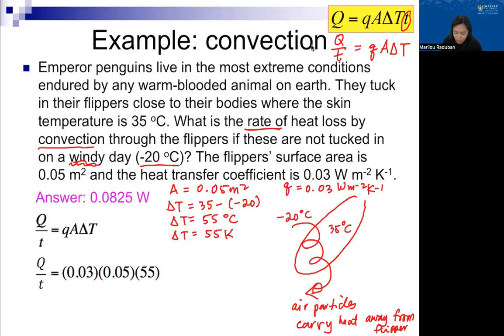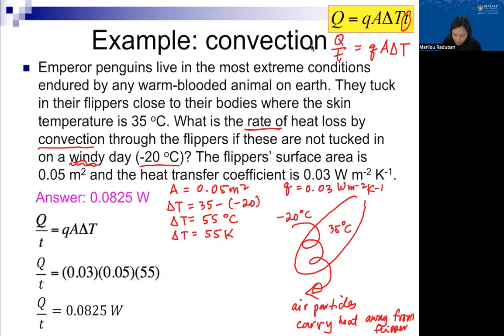Right. So the coefficient of convection 0.03 times the area of the flipper. So we're assuming that heat is lost throughout the whole area because the whole flipper is exposed to the wind, times the difference in temperature delta T. Okay, that gives us the rate of heat loss of 0.0825 watts.